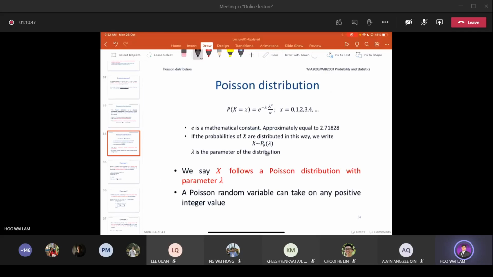Previously it was Bin, right? And then lambda is the parameter of the distribution. So again, we compare, as I mentioned just now: n and p are the parameters for binomial. Lambda is the parameter for Poisson. And then we say x follows the Poisson distribution with parameter lambda. And the Poisson random variable can take any non-negative integer value.